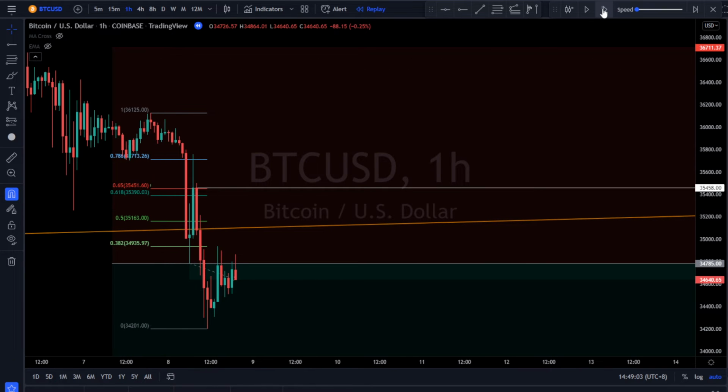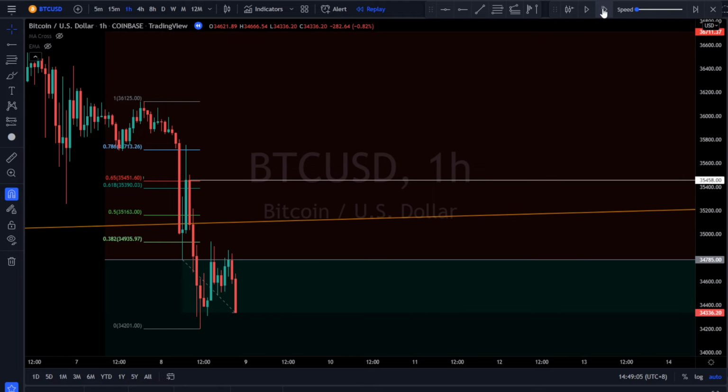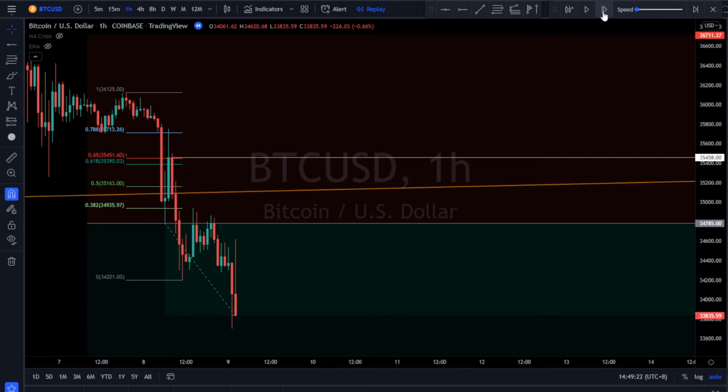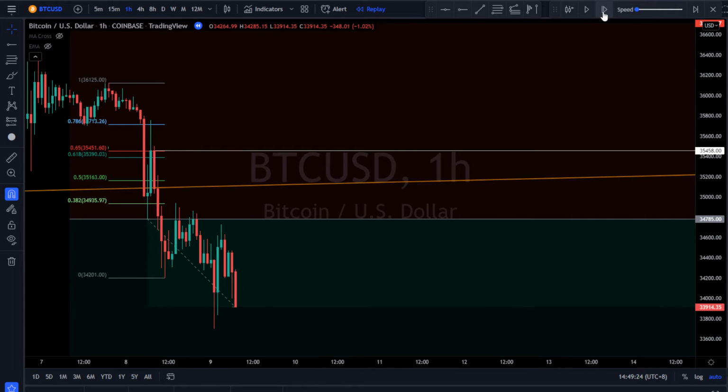Unfortunately for this trade, the momentum was very strong. We only had a retracement to the 38.2, but I wouldn't have taken this retest because there's no confluence. Maybe I would have waited for this max, but it didn't go there as well. So there was no bonus entry on this, and price continued to drop.